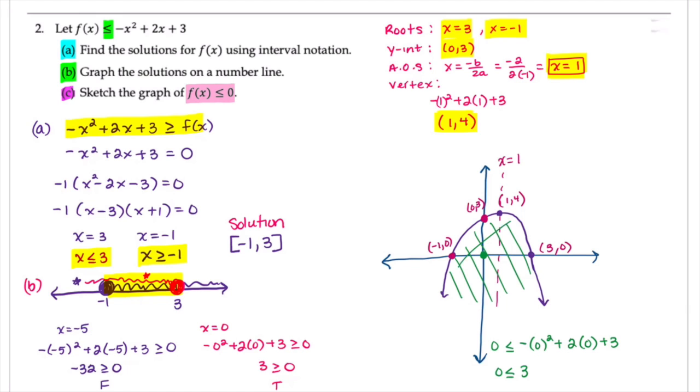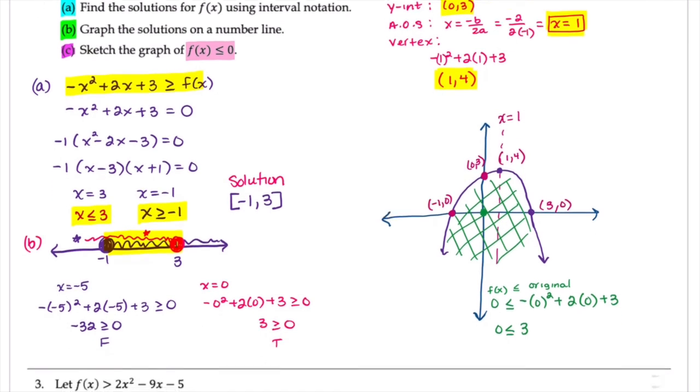If it would have come out false, then we would have been shading away from that point. So all points outside of that parabola. And this was my f of x, and this was my original function piece. So I input the value of 0 for x and 0 for f of x, or y. Let's try another one.